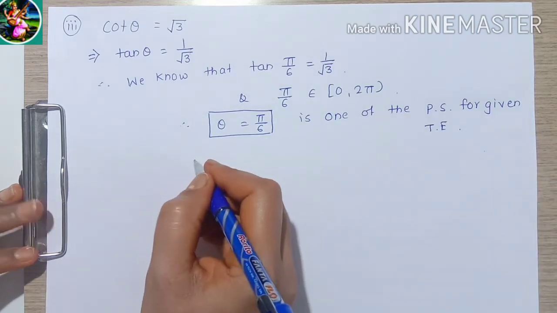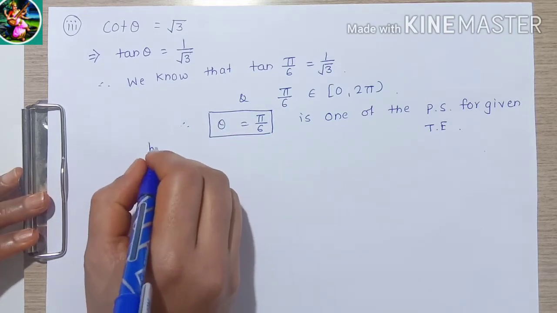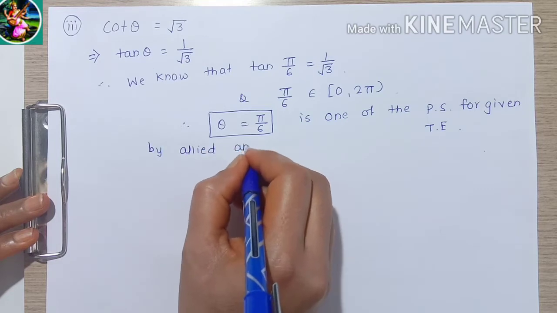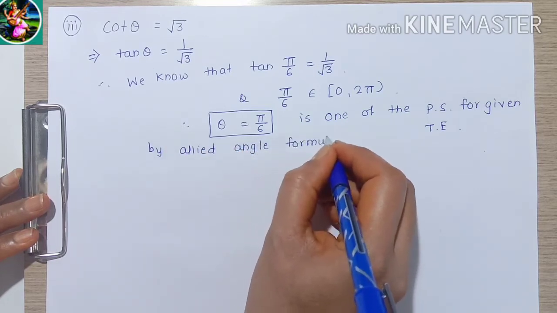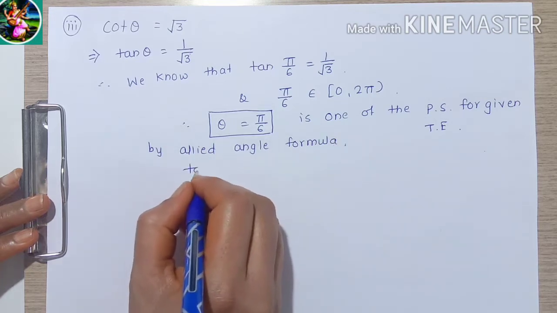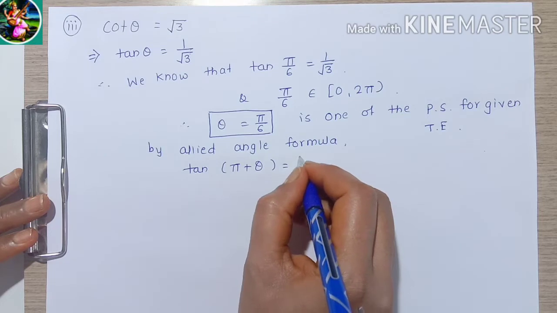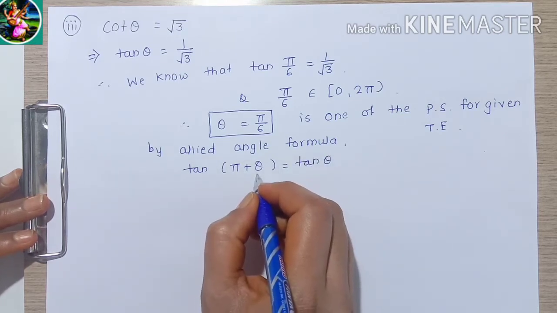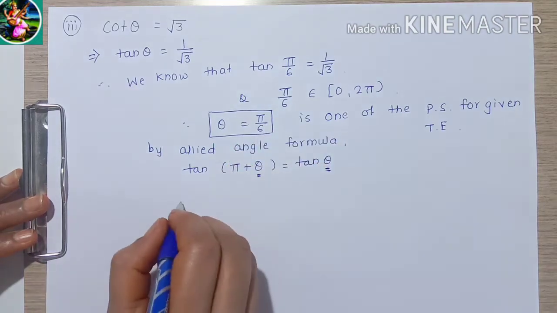Now we find the another solution using allied angle formula. By allied angle formula, tan of pi plus theta is equal to tan theta. In both sides, again we replace this theta by pi by 6.